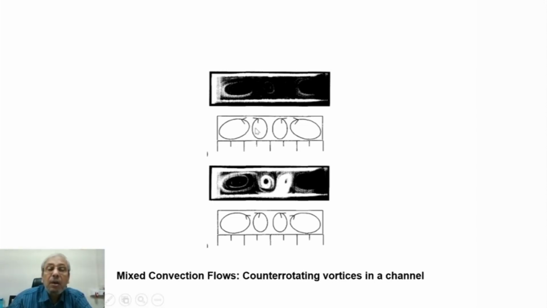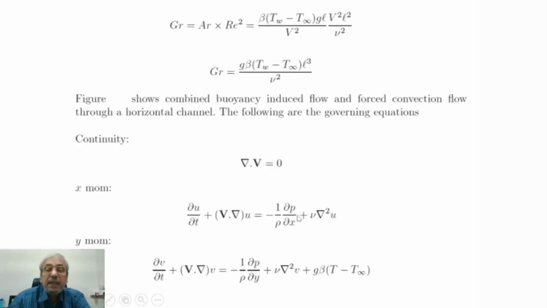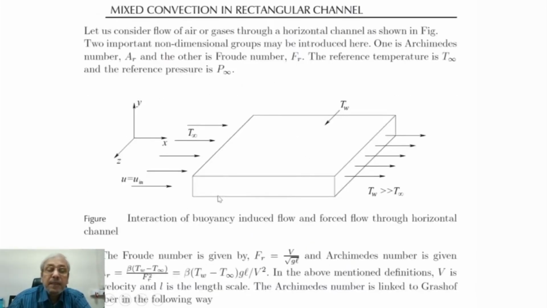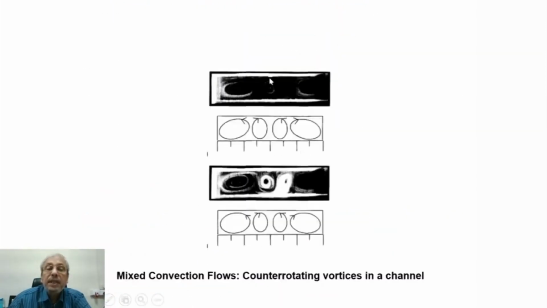If we look at two side-by-side vortices here, this is experimental, this is theoretical, we see the presence of counter-rotating vortices. So basically this is the geometry. That means at each cross plane we will be able to see such counter-rotating vortices in the channel.